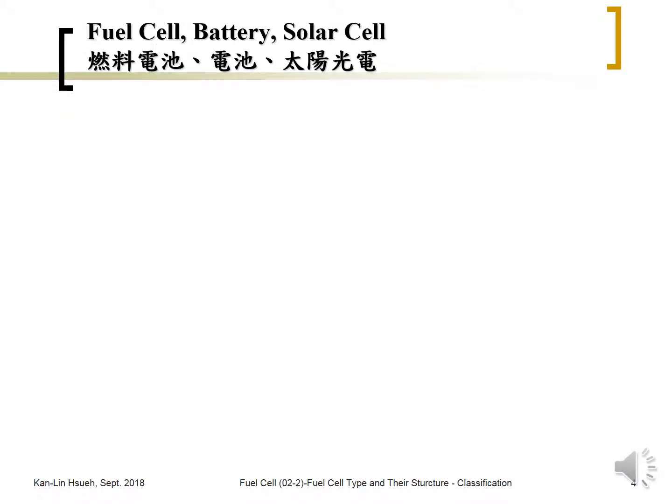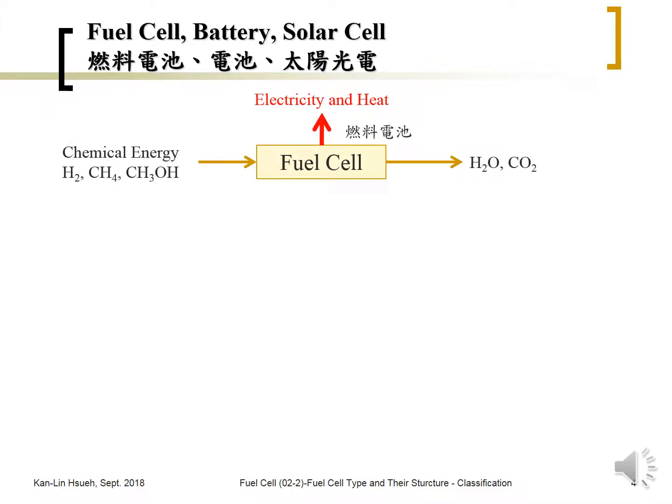Before we continue, what is the difference between the fuel cell, the battery, and the solar cell? Here we give a brief statement. The fuel cell is like an electrochemical power generator. The electrode in the fuel cell acts as a current collector and as the catalyst.